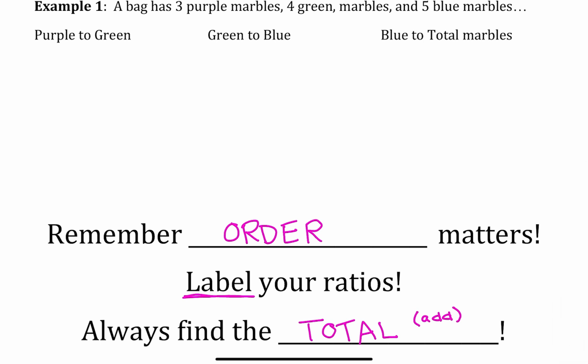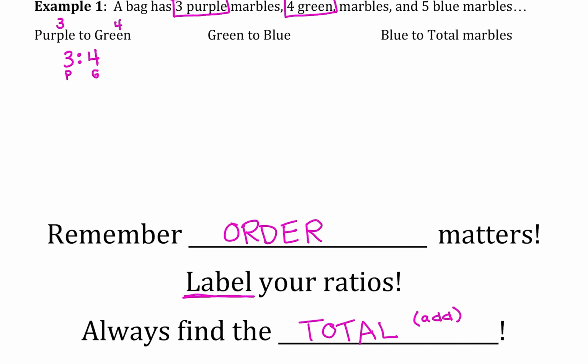So in my first ratio right here, it says purple to green. In my problem, I have 3 purple and 4 green. So above purple, I'm going to write 3, and above green, I'm going to write 4. That is the order I have to stay in. So my ratio would be 3 colon 4. And obviously, again, we're going to label it: P for purple, and G for green.